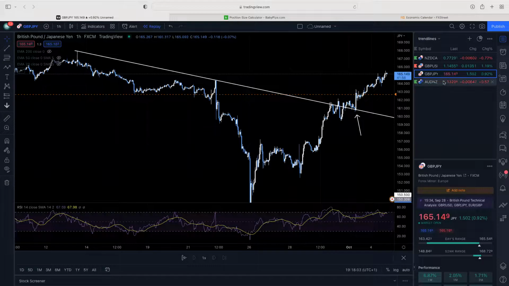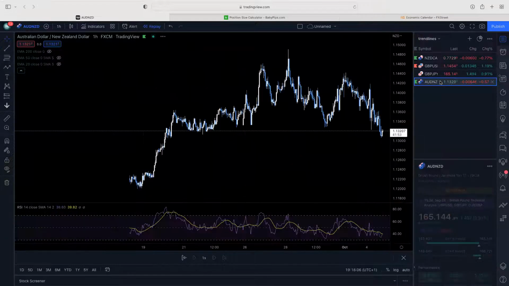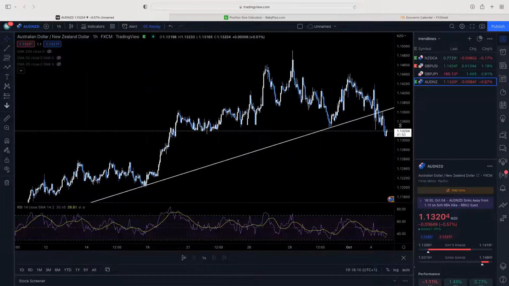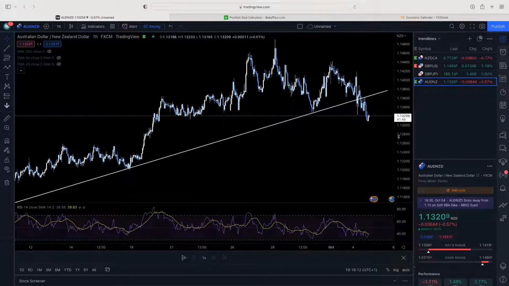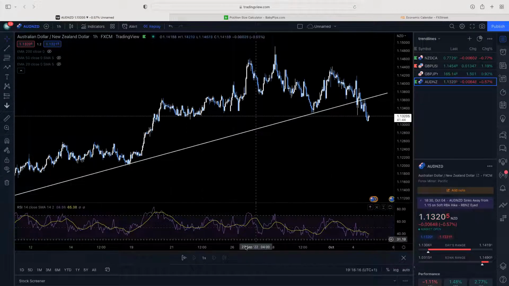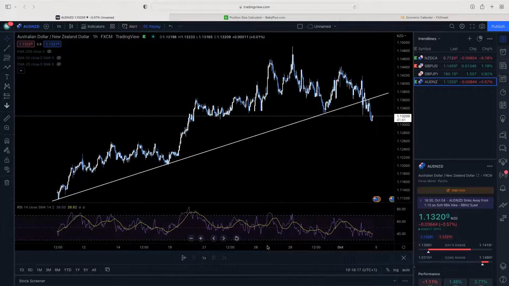AUD NZD, final example of the trend lines. What we can see is that usually we see 3 strong touches and it's the 4th touch that breaks. Again, this is common with quite a lot of the currency pairs.